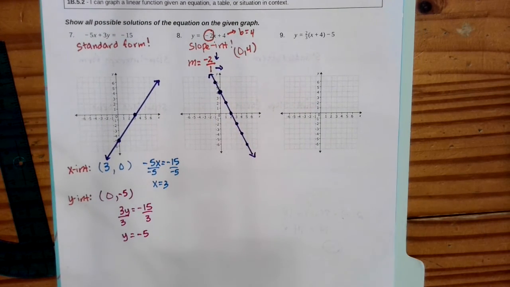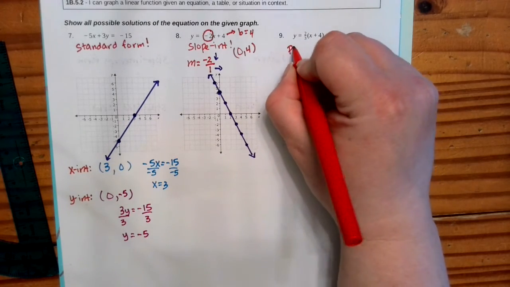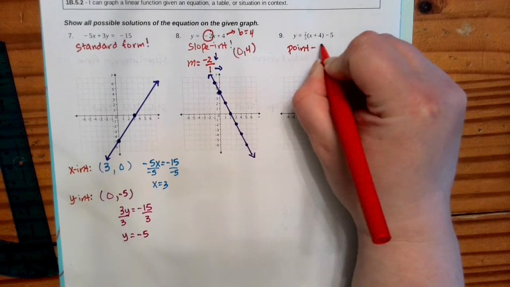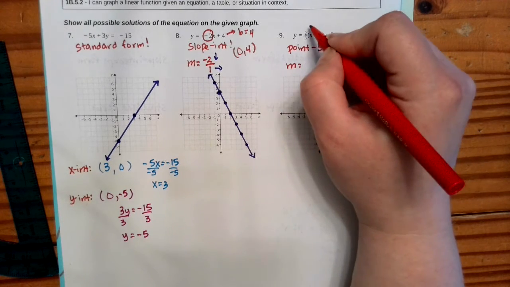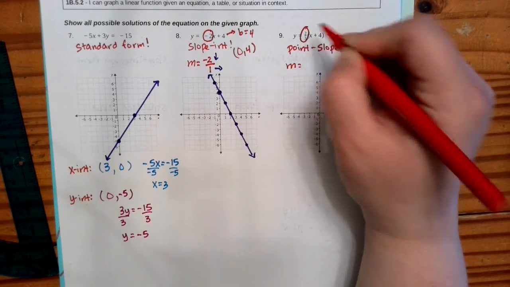All right, and last but not least, we have y equals 2 over 3 x plus 4 minus 5. Hopefully you guys can look at this one and recognize that this is point-slope form. So the slope is the number that's being multiplied in front. That's our 2 over 3.